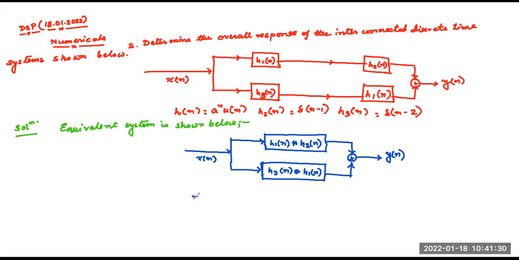Now if we draw the equivalent circuit, x of n goes to H1n convoluted with H2n, that is added with H3n convoluted with H1n.